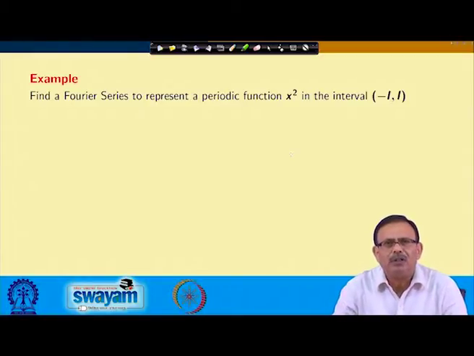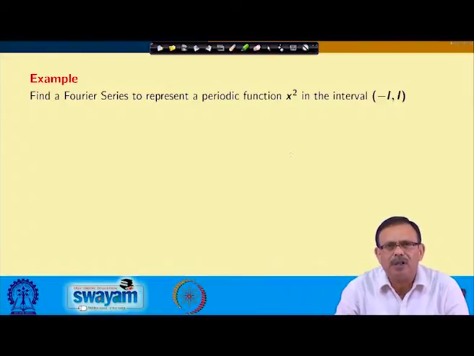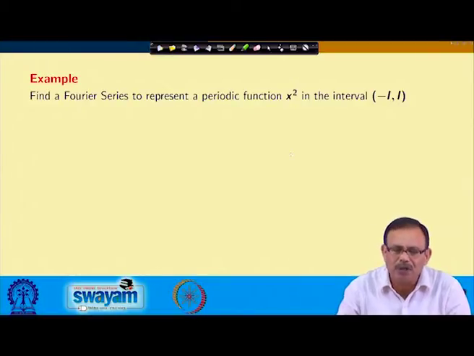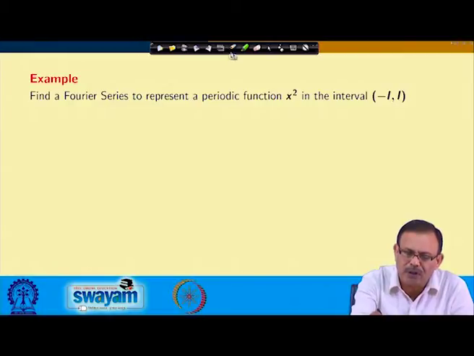Let us see this one. Earlier, we wanted to find the Fourier series of the function f(x) when f(x) equals x. Now, we are provided with f(x) equals x square.